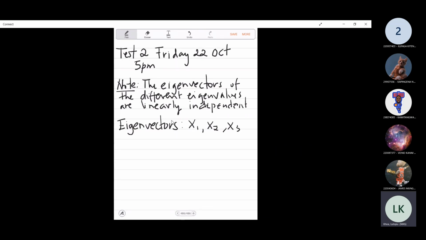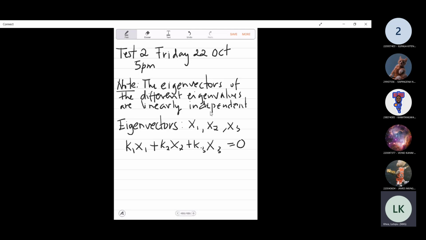Okay, so if I have k1 x1, so that means I multiply the first eigenvector by a constant, the second one by k2, and k3 times x3, and then this gives me the 0 column vector.